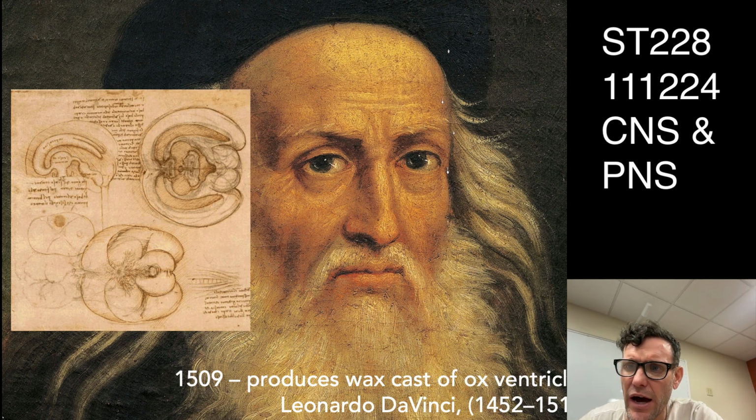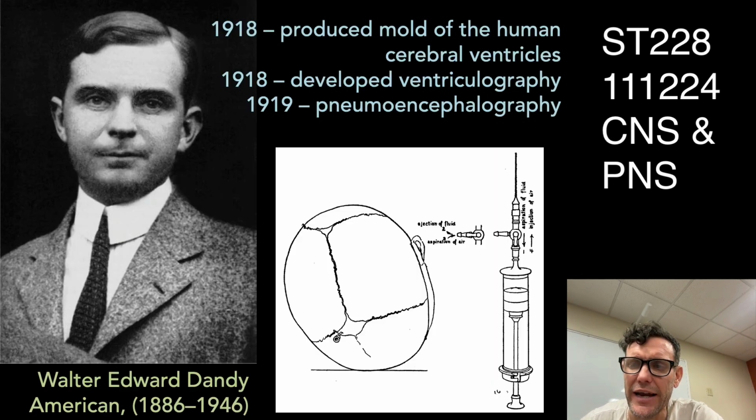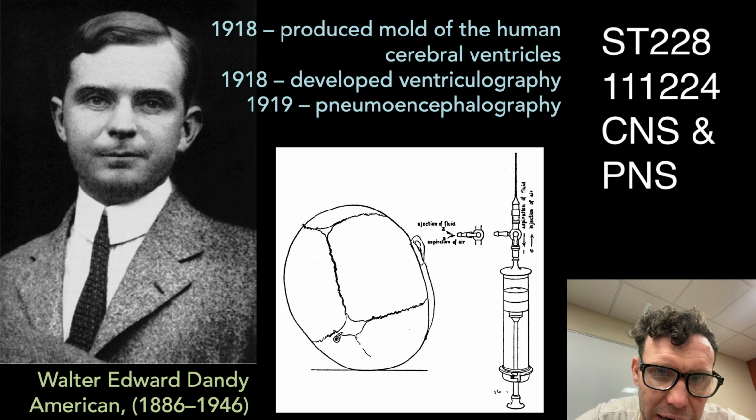And then it was in the 20th century, in 1918 and 1919, that this guy, Walter Dandy, an American, produced a mold of human ventricles and developed this technique called ventriculography or pneumoencephalography.